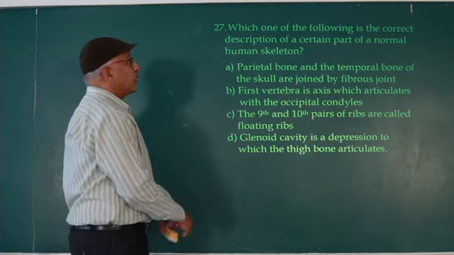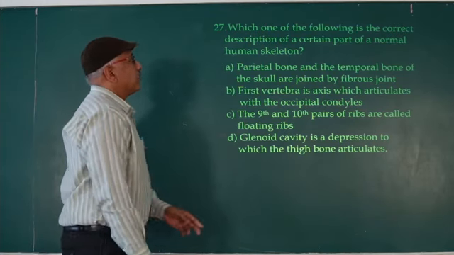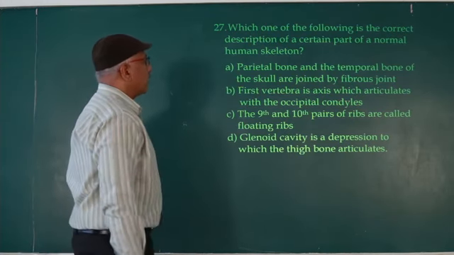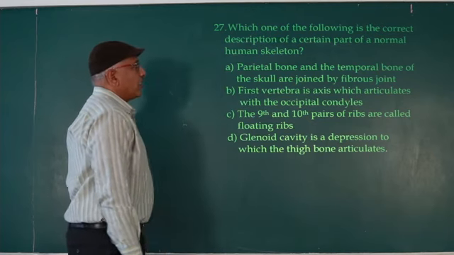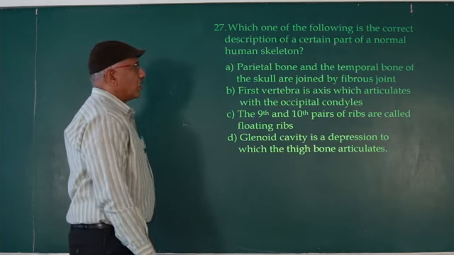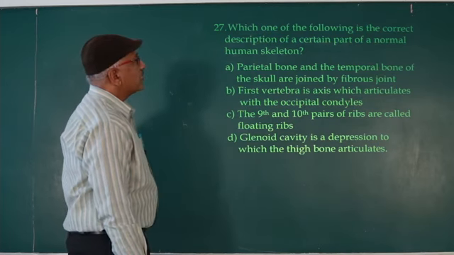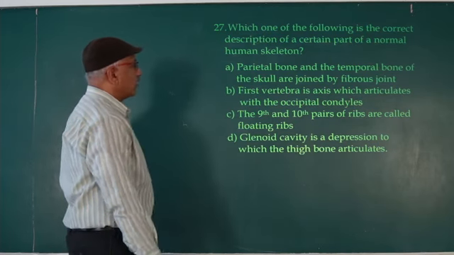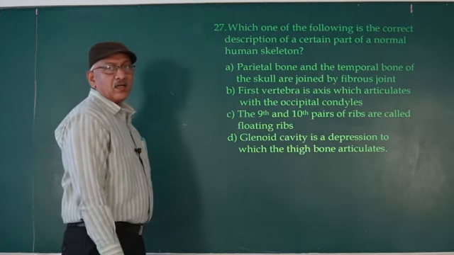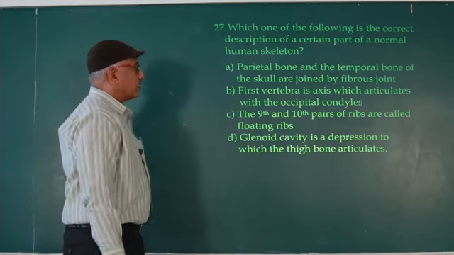Which one of the following is the correct description of a certain part of a normal human skeleton? Parietal bone and the temporal bones of the skull are joined by a fibrous joint. So correct description only. First vertebra is axis, wrong. First vertebra is atlas.